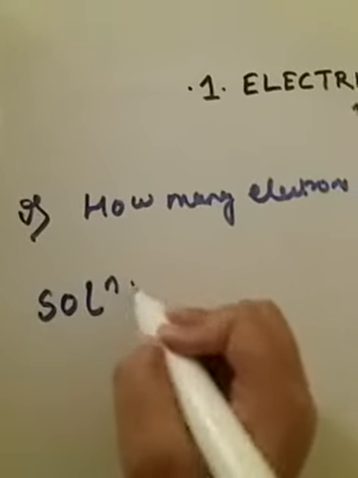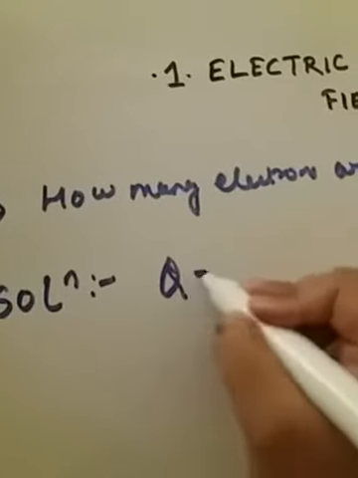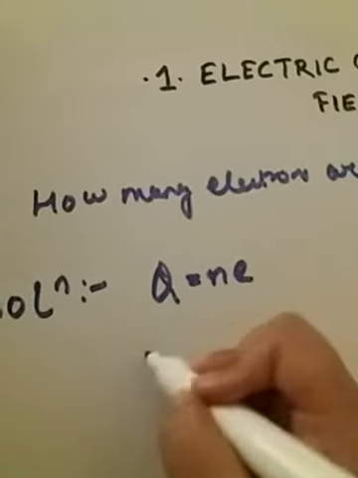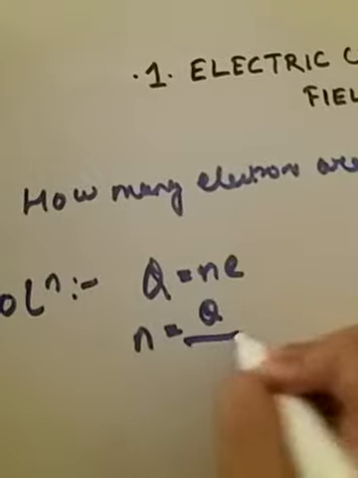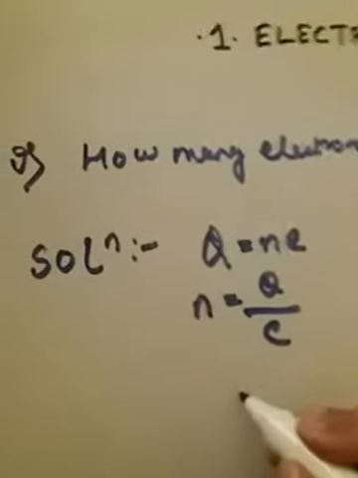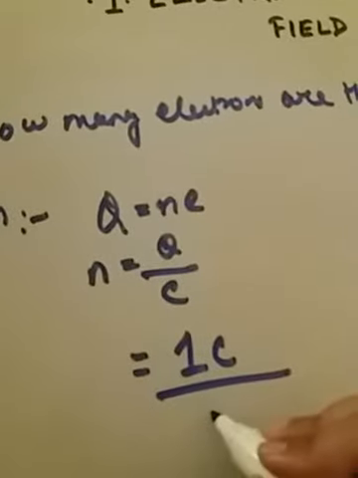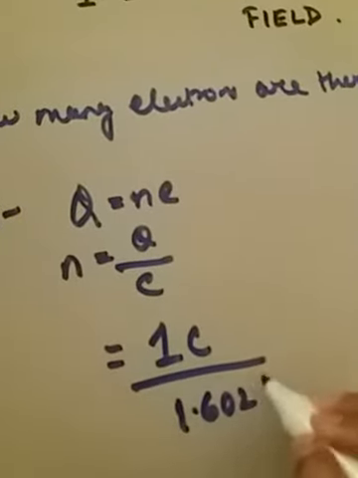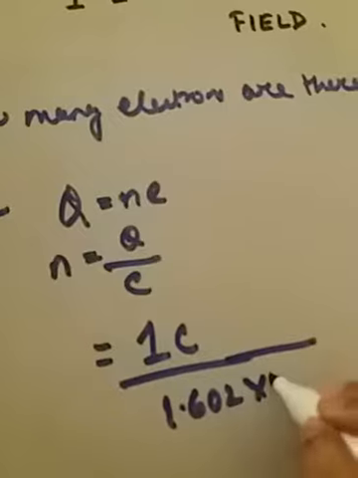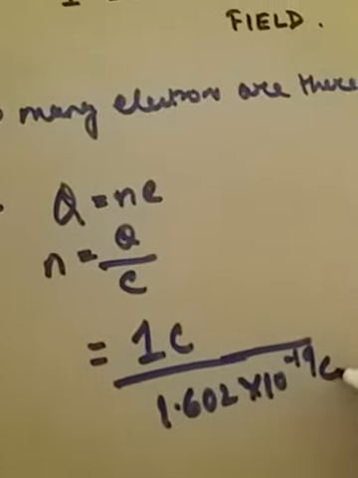Now let me do the solution. The basic formula, Q is equal to Ne. Now N is equal to Q by e. As given here, Q is equal to 1 coulomb and e we know is 1.602 into 10 to the power minus 19 coulomb.